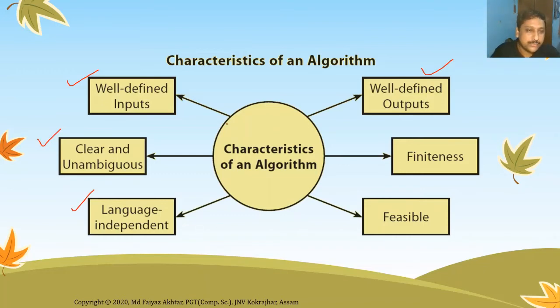Finiteness means there is a finite number of steps, we can count the number of steps. And feasible means possible steps are given there.